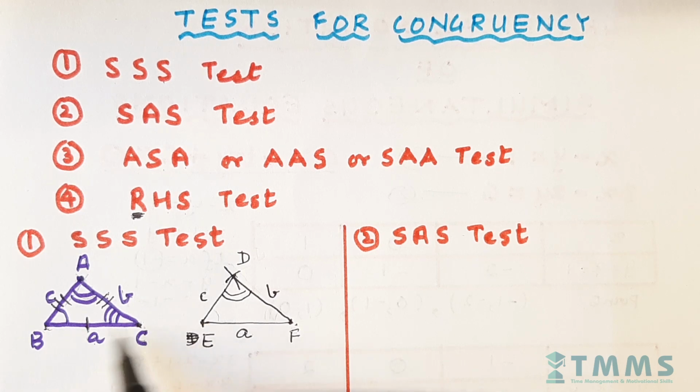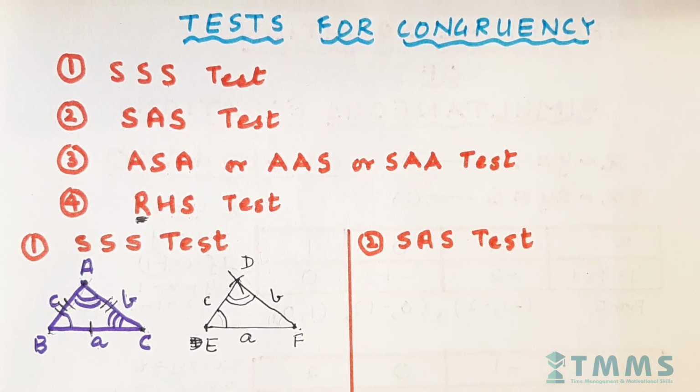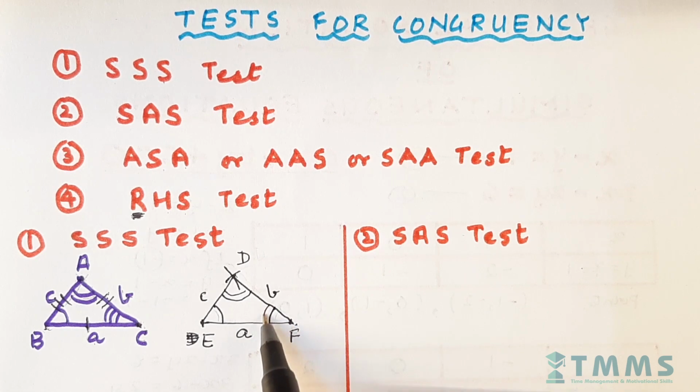Angle B and E will be corresponding to each other, and angle B will be equal to angle E. And angle C will be equal to angle F, which means that all 6 elements, the 3 sides and the 3 angles, will be equal to the corresponding 3 sides and the corresponding 3 angles. What is our correspondence? Our correspondence is A corresponding to D, B corresponding to E, and C corresponding to F.